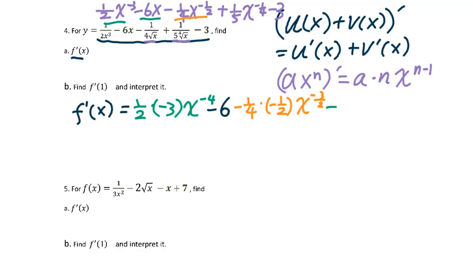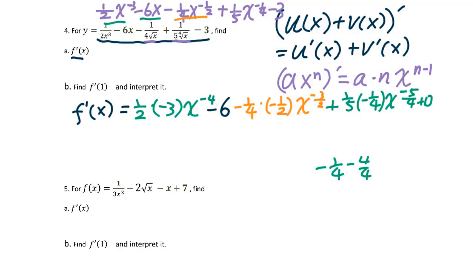Then plus 1 over 5 times, drop down the exponent, that's negative 1 over 4. x to the negative 1 over 4 minus 1, you will do the 4 over 4, get the negative 5 over 4. Constant number, it will be 0, so plus 0.